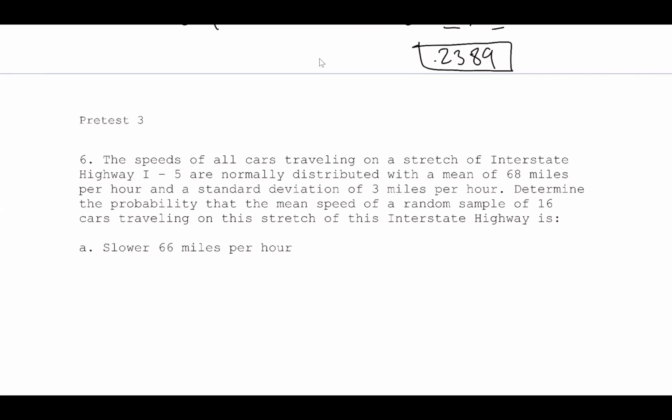All right, so if you look at it, they gave us 68 and then they gave us 3. So we have to figure out what 68 and what 3 is.